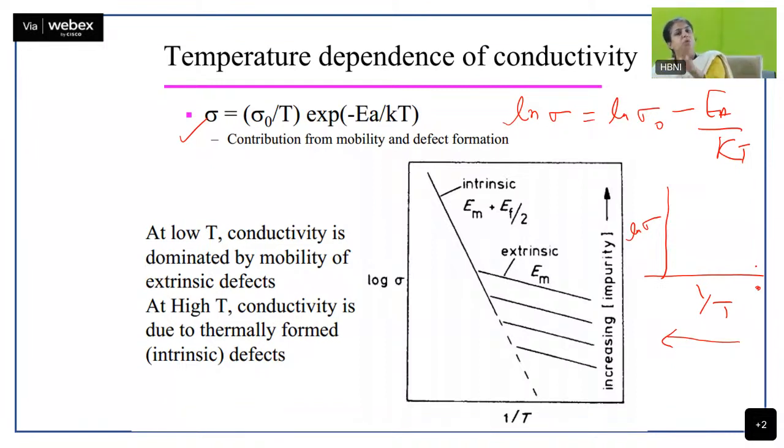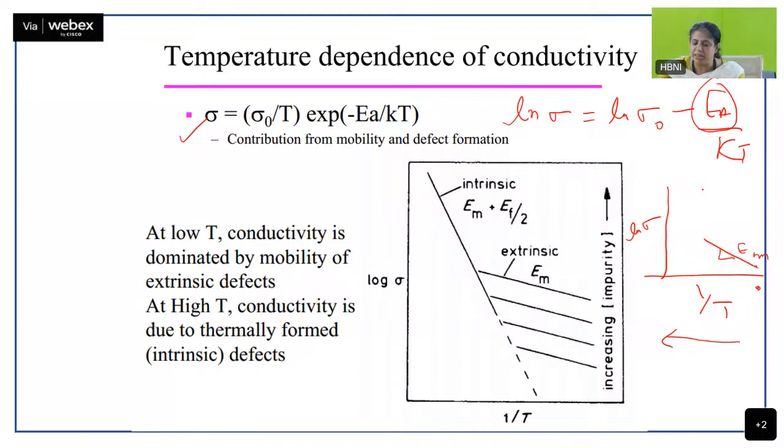But whatever defects you had created by substituting calcium for sodium, they are there. So the conductivity would increase as you increase temperature. And the slope has to be the activation energy. Let's say I call it E1, or I can say EM, as I've shown in the figure.